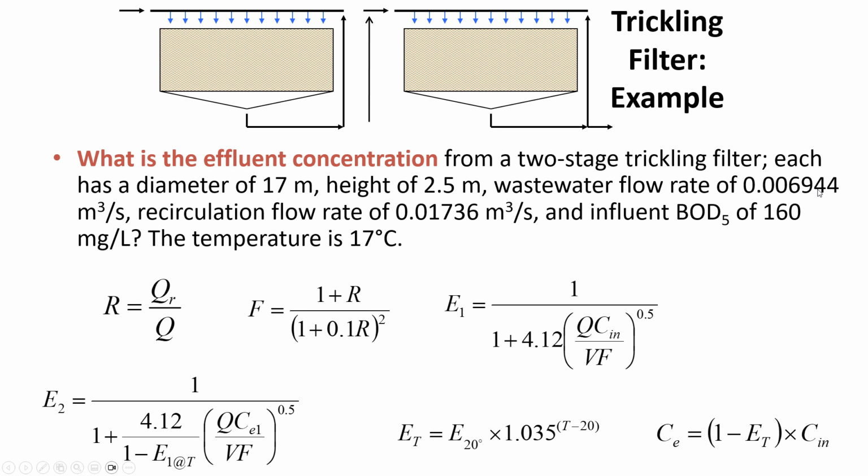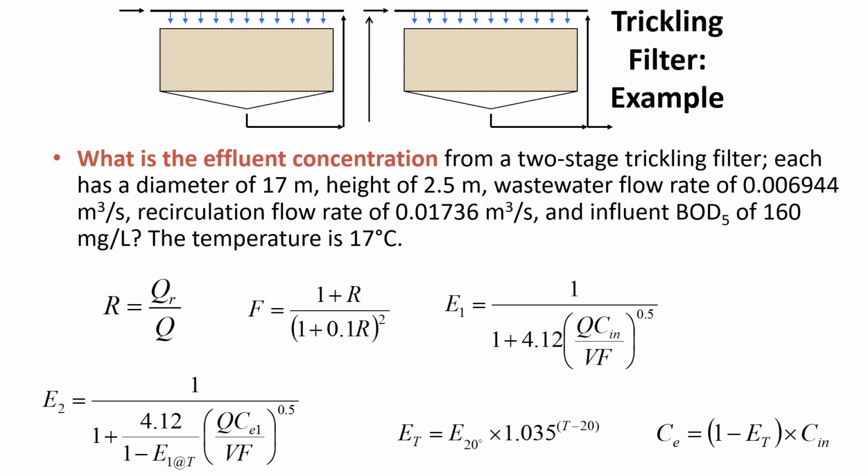We know the flow of the wastewater and the flow of the recirculation, which defines R for us. And then we've got the concentration of the BOD coming in, and we know the temperature. And by the way, these equations are calibrated for 20 degrees Celsius. And so if you have a temperature other than 20 degrees, then you have to apply a correction factor before calculating the effluent concentration from the trickling filter.